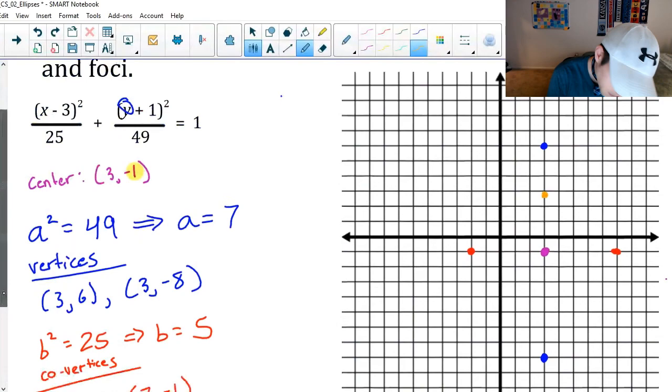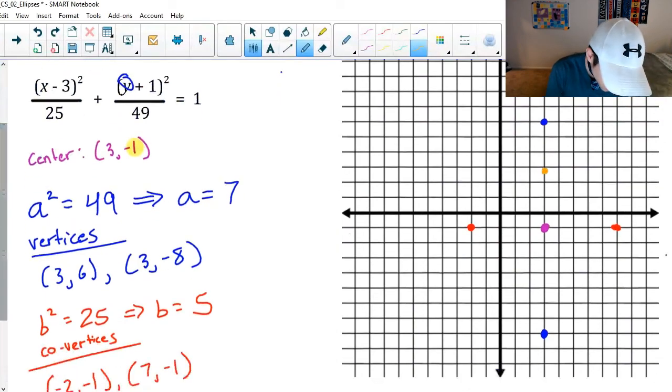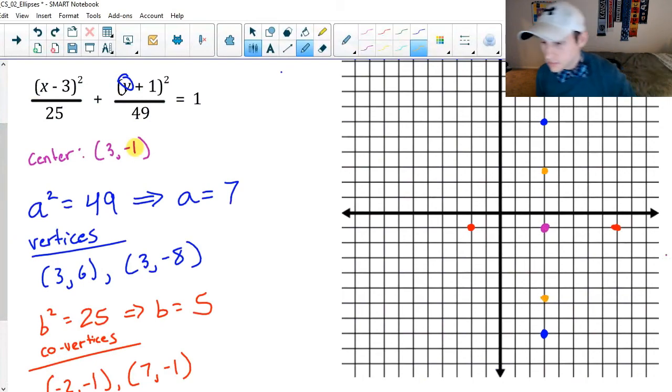So about up here. And then -1 minus 2 root 6 is about -5.9. So about here. All right, so here's my foci.